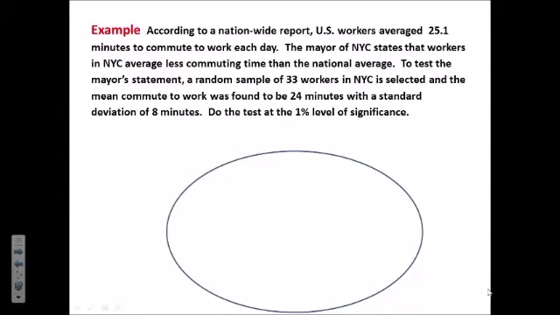Let's make a picture of the information we have. The population of interest is all the commute times for New York City workers. And we're interested in the parameter mu, the average commute time.